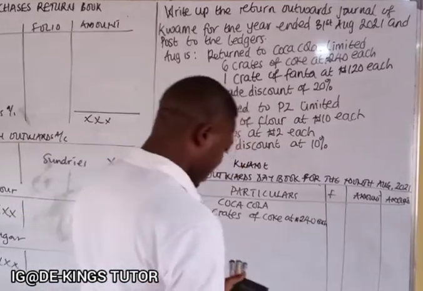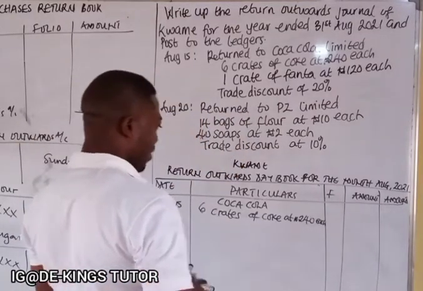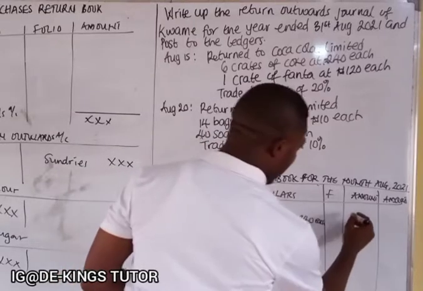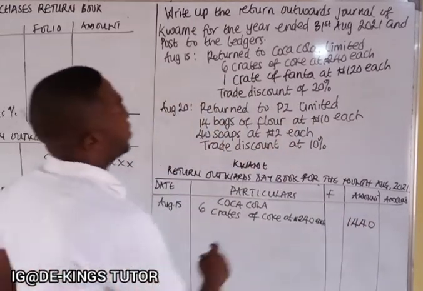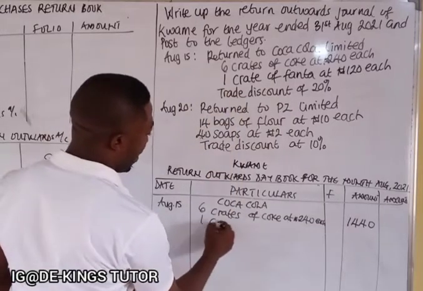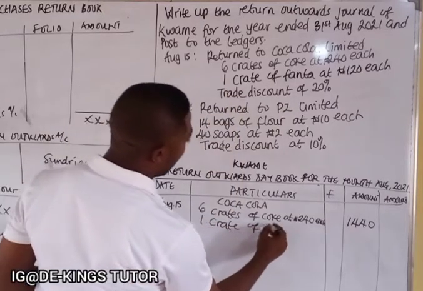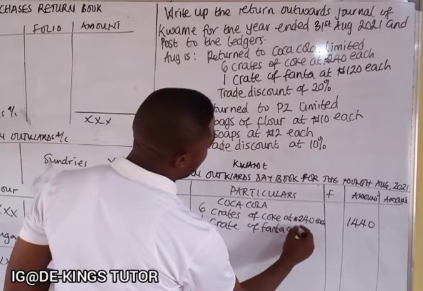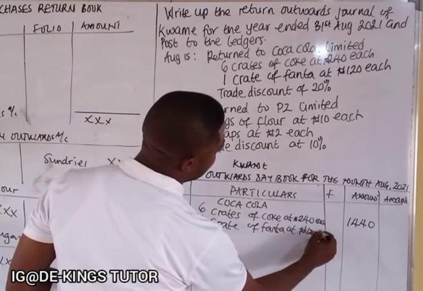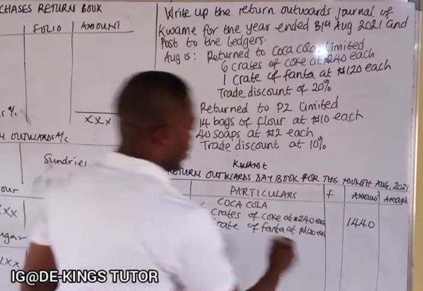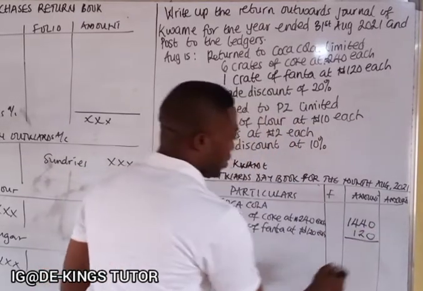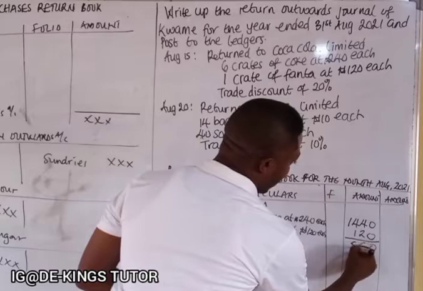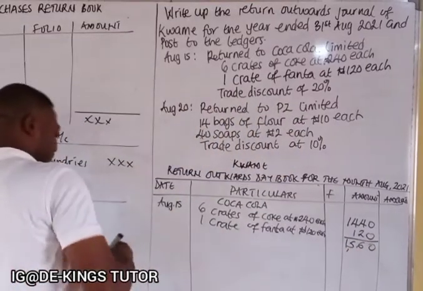So we'll have 6 times 240 as 1,440. The next one, 1 crate of Fanta at 120 naira each. So 1 times 120 will give us 120. So this will give us 1,560.